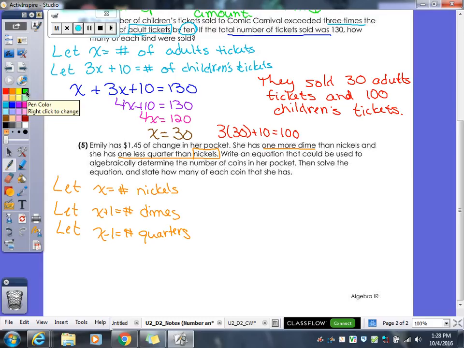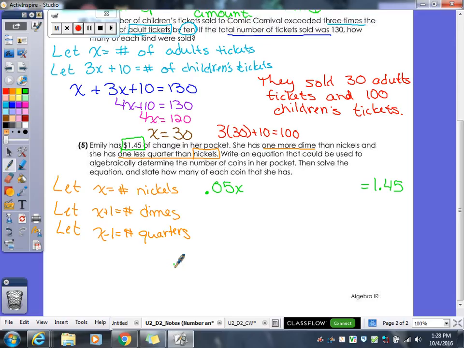So now we have to set up our equation. And since they told us she has $1.45 in her pocket, that's what our equation is going to be equal to, is her $1.45. So what we have to keep in mind when we set up our equation is how much each coin is worth. Like a nickel is worth how much? 5 cents. But when we write that, it's 0.05x.